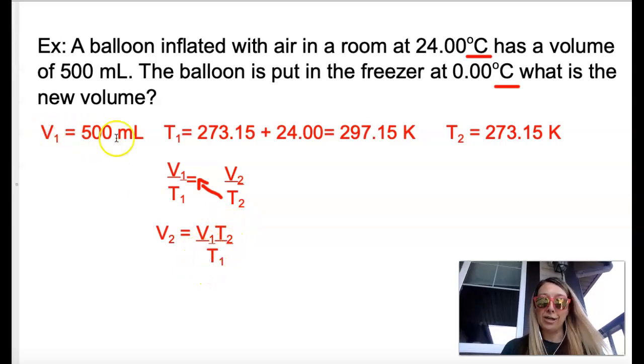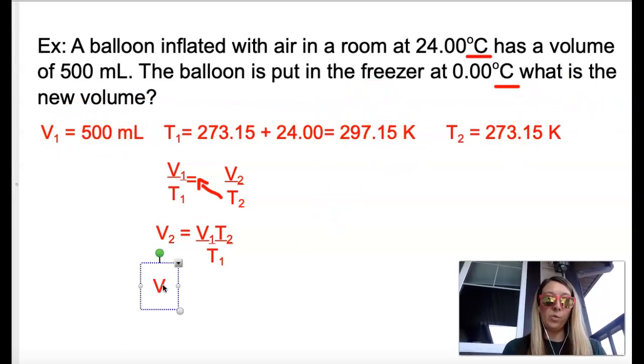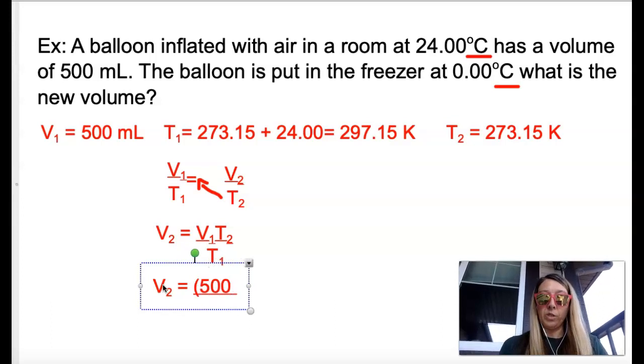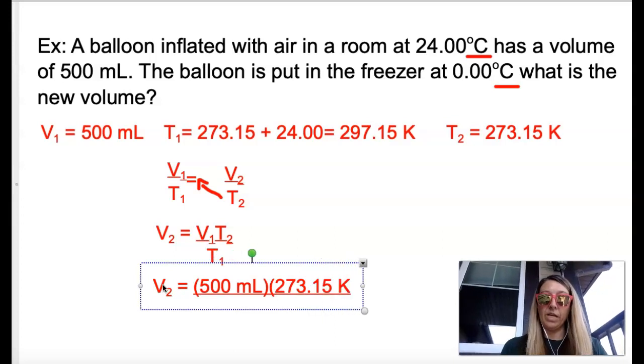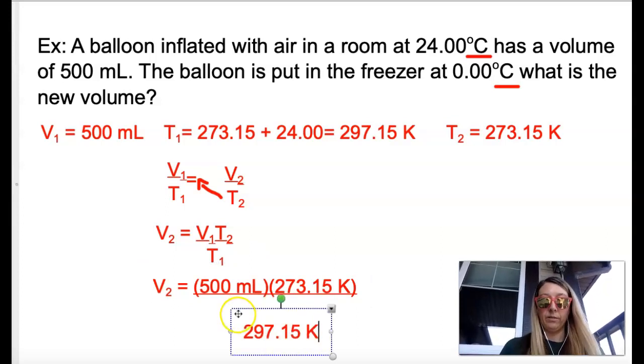A lot of times you guys just go right across: here's the V, here's the T, here's the other T. Be really careful with the temperature ones in particular, because they tend to get a little messed up. So we are going to have V1, which is 500 mL, times T2, which is 273.15 Kelvin, and we are dividing by 297.15 Kelvin.